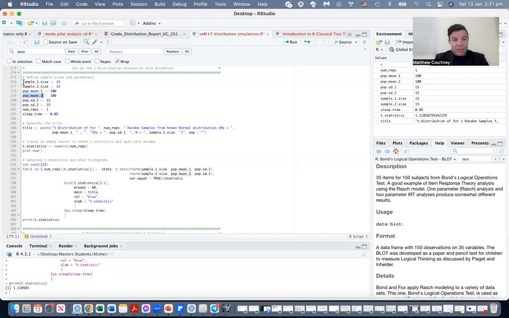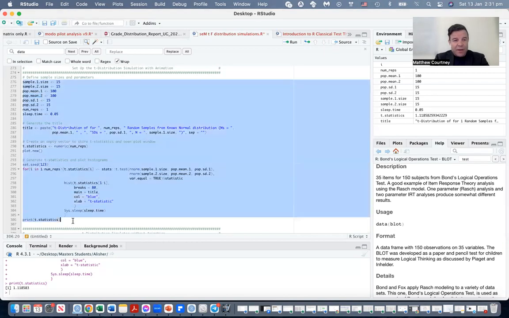Let's just run this once and see what type of output we get. So we're imagining a population of males and females with exactly the same IQ. We take a random sample of males, a random sample of females, run the t-test on those outputs, and see what we get. Okay, so we get a t-value of 1.12.